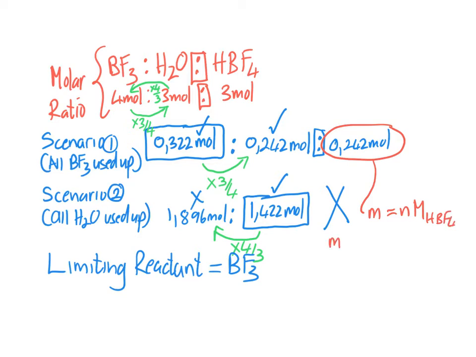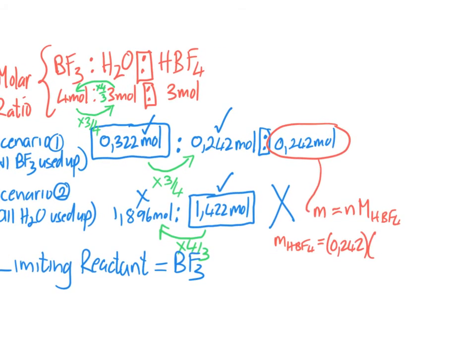The mass of HBF4 is 0.242 moles times the molar mass. So the molar mass would be 1 for hydrogen, 11 for boron, and fluorine is 19, but there are 4 fluorine, so times by 4, and that would obviously be grams per mole.